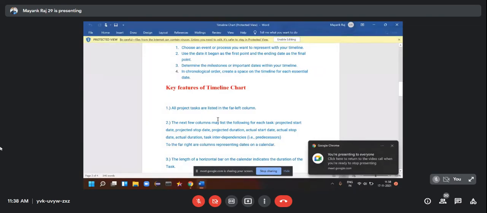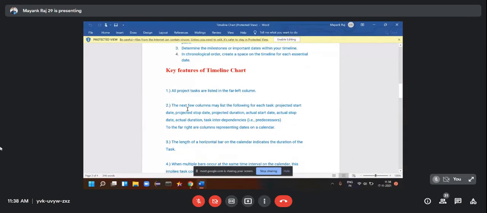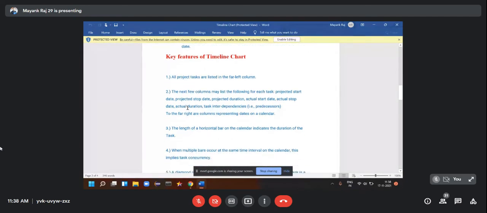So coming to the key features of timeline chart. All projects are listed in the far left column. That means we are starting from left and going till right. The next important point is that a few columns may be listed for each task, like project start date, project stop date, project duration, actual start date, actual stop date.